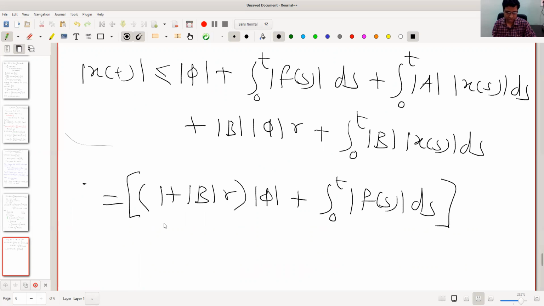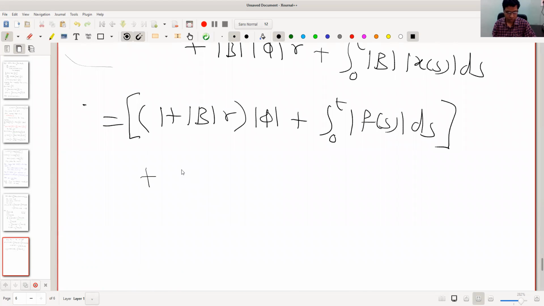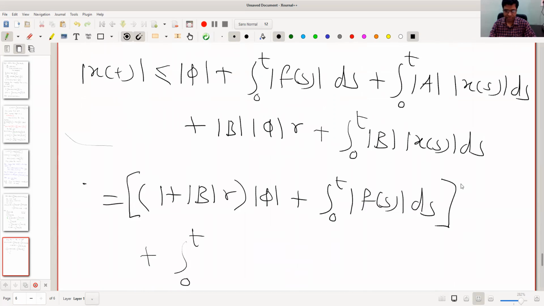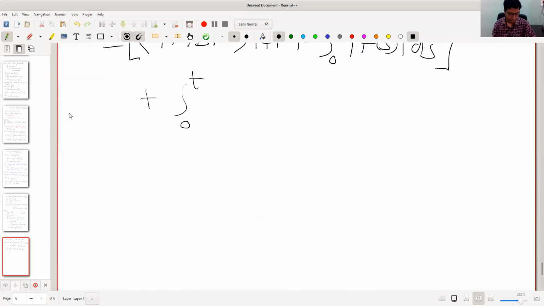Okay, so we call this first term alpha of t plus integral from 0 to t. We take these two terms together, mod A plus mod B into mod x of s ds.